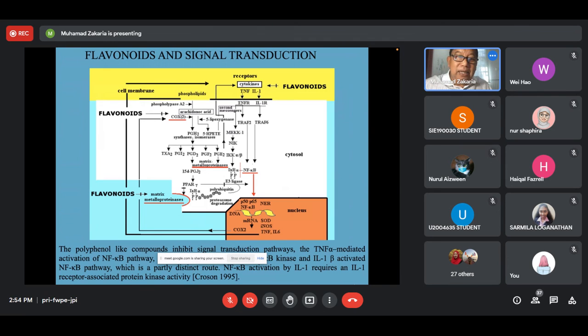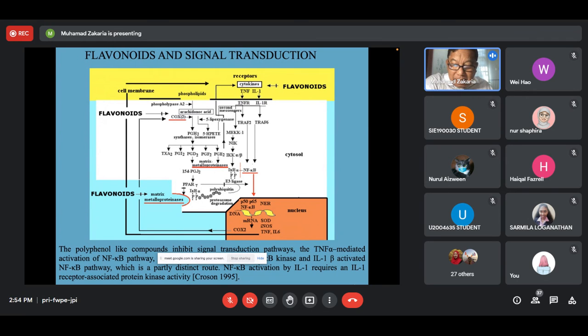Okay, flavonoid and signal transduction. The polyphenol-like compound inhibits signal transduction pathway, TNF alpha mediated activation of NF-kB pathway, beta kinase, and IL-1 beta activated NF-kB pathway, which are partly distinct routes.